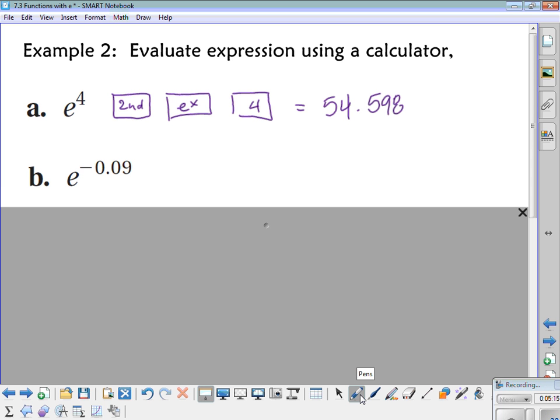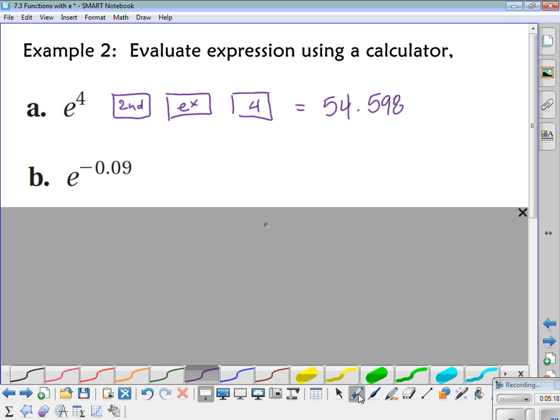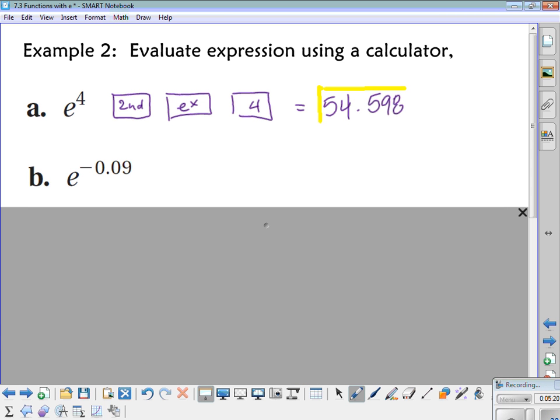Now, what you have to be careful on this one is because it's negative, you're not going to use the subtraction sign. You need to use the sign that has like parentheses around it. It's usually under, well, mine's under the 3, and that makes it negative.